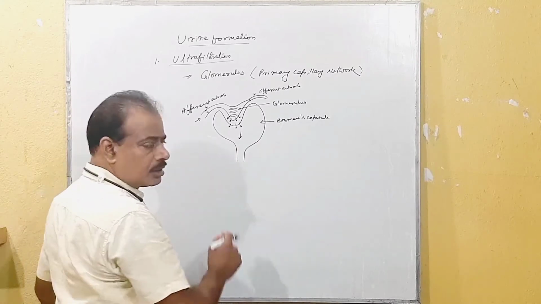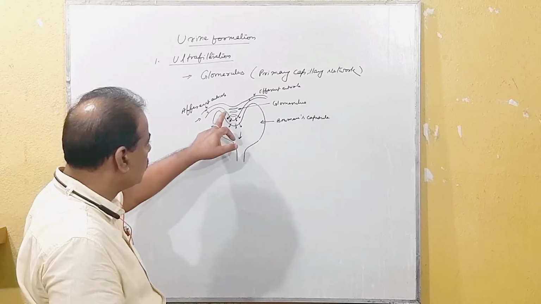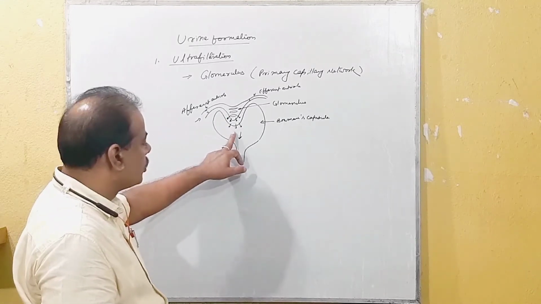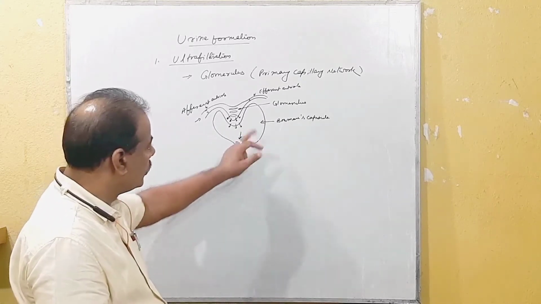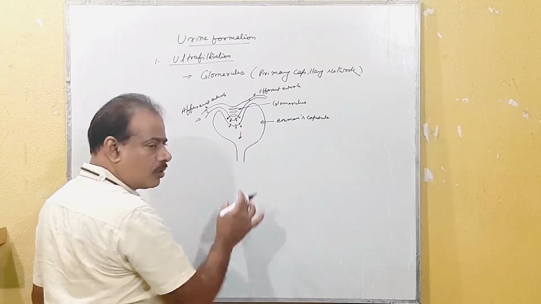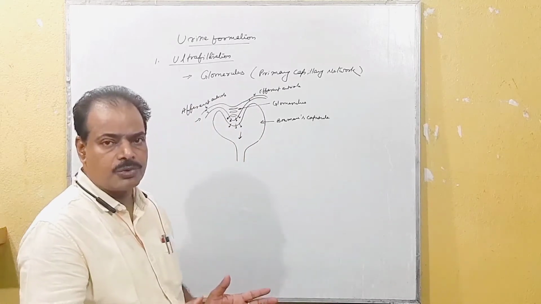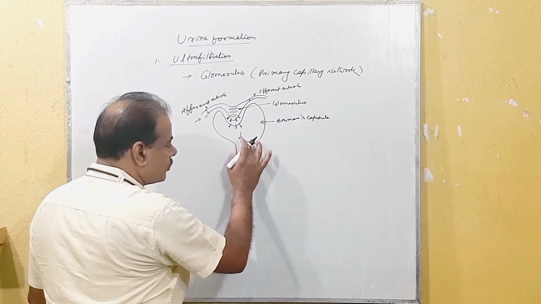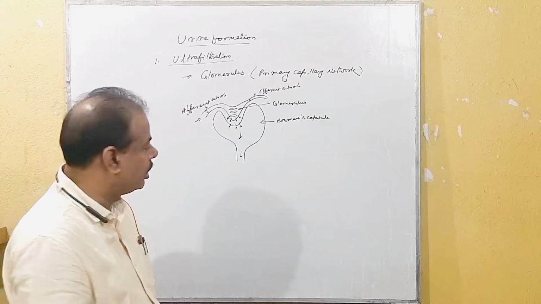So this process, ultrafiltration, takes place twice. First it takes place in the glomerulus, and then again filtration of blood takes place through the inner wall of the Bowman's capsule, and in this way the liquid part of the blood along with many substances which may be useful as well as harmful comes inside the Bowman's capsule, and then it goes to the renal tubule.